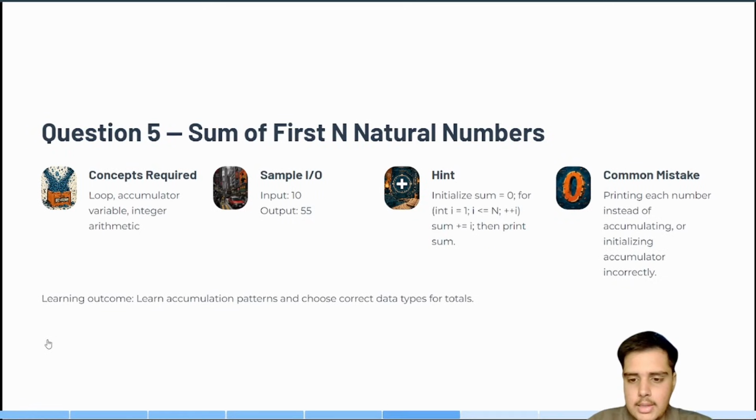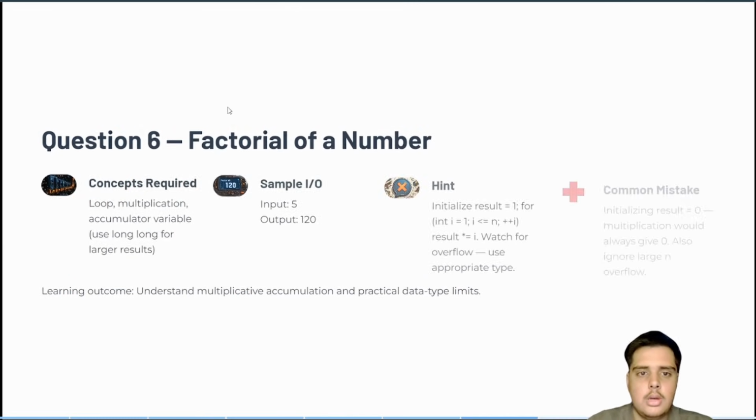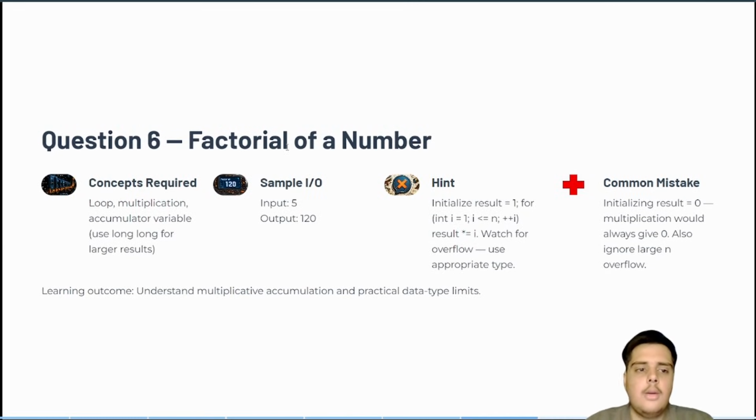Coming to our presentation, yeah, we have done 5 questions, 5 left. Coming to the 6th question, factorial of a number. Concepts required are loop, multiplication, accumulator variable. Use long for larger results. Sample input, if 5 is given, then output is 120.